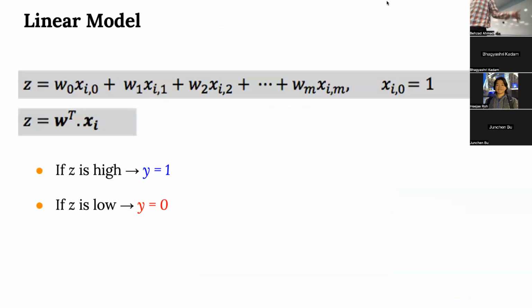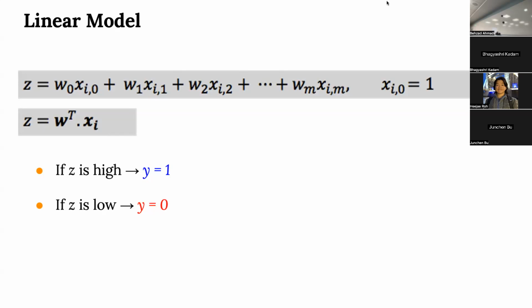So think of a linear model again. If there was no 0 and 1, this is exactly the linear regression problem, right?